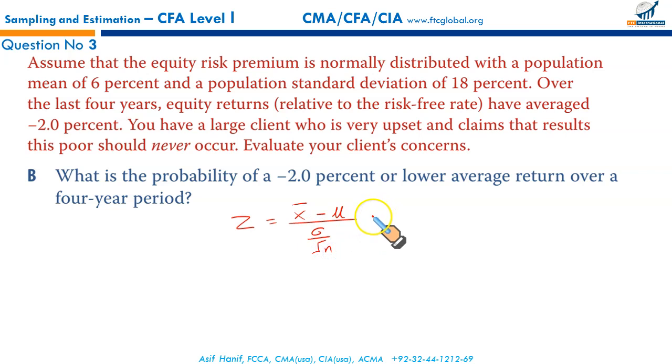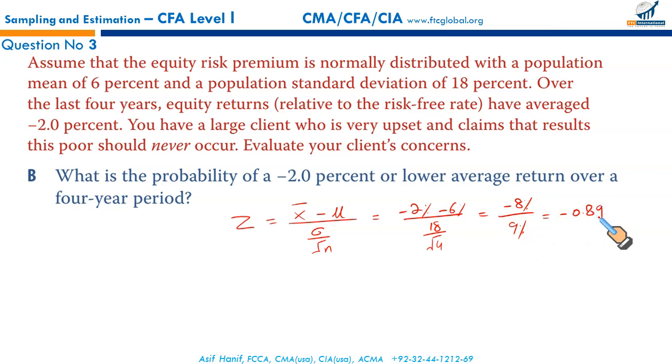Simply replace the values. It's negative 2% minus 6% upon 18% upon square root of 4. And it simplifies to negative 8% in the numerator and 9% in the denominator. And finally, it gives you negative 0.89.